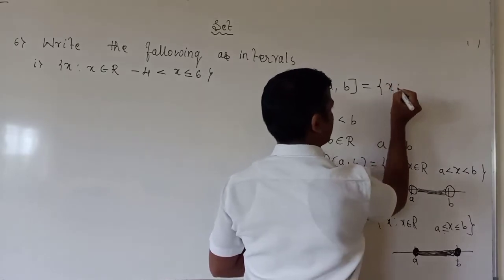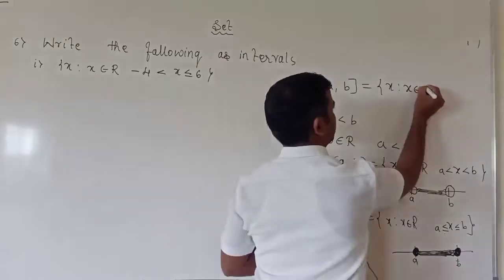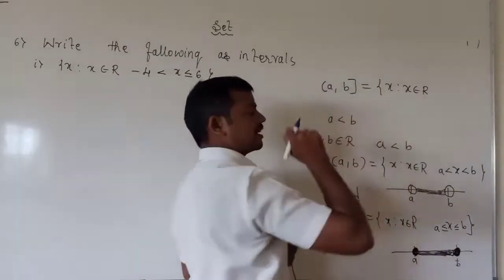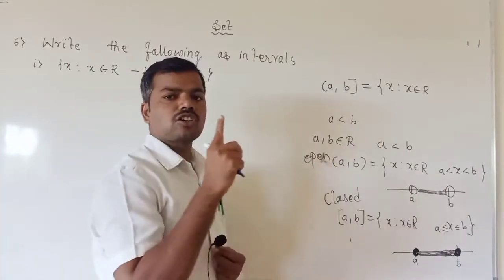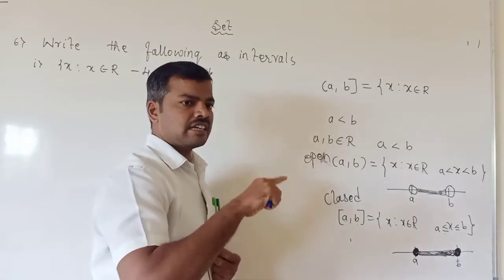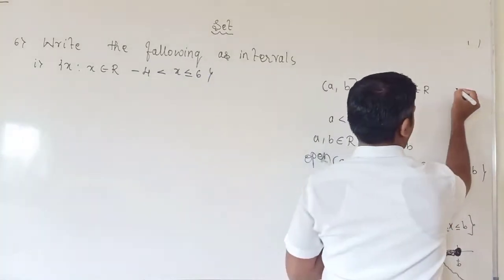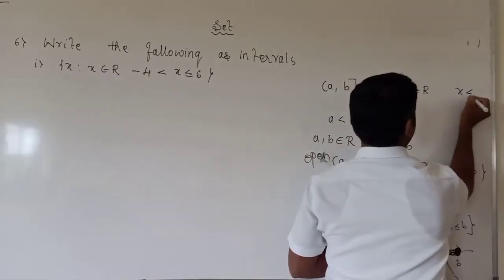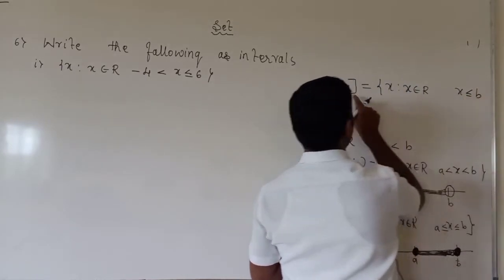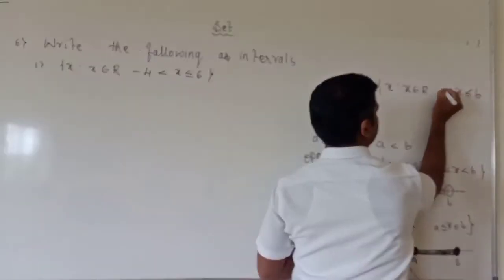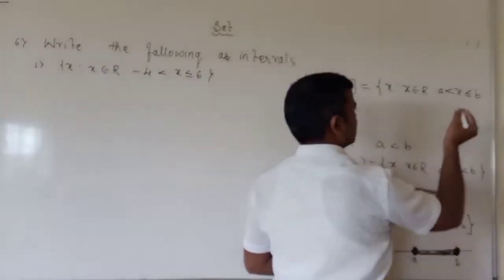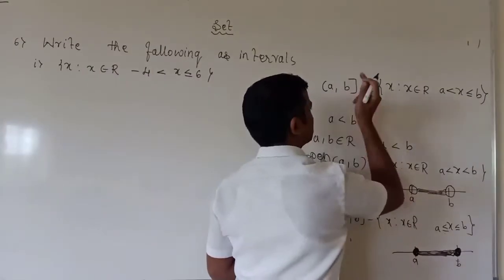The collection of x belonging to the real numbers between a and b, but a is not included and b is included. That is x less than or equal to b; the square bracket means included. a is not included, so not equal. This is called an open closed interval.